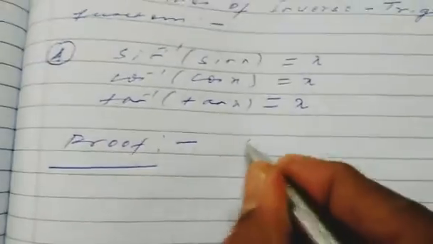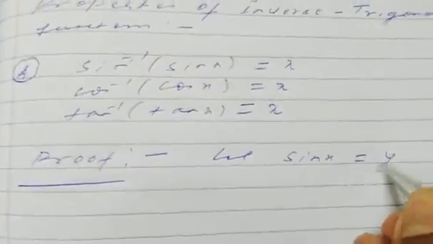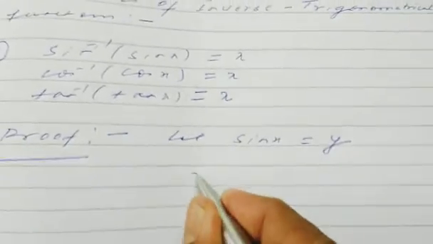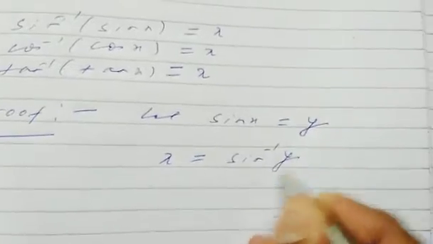Proof: let sin x be equal to y. Then x is equal to sine inverse y.